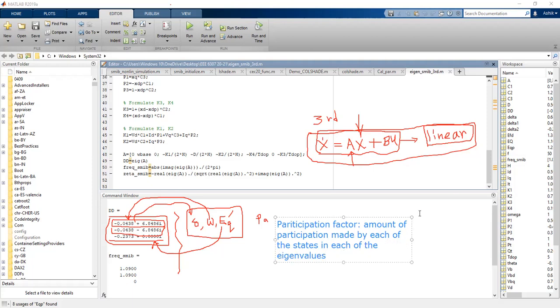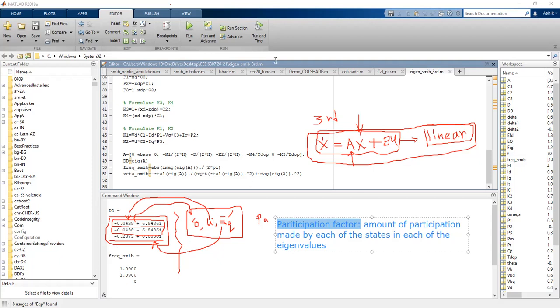That is the definition of participation factor. Why is it important? For this case, we can say the system is stable. Even then, if we know the participation factor, we can design a controller by recording the information of those specific states and trying to design the controller to control those states only.